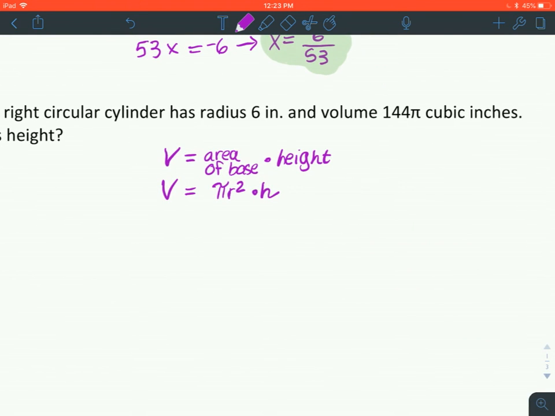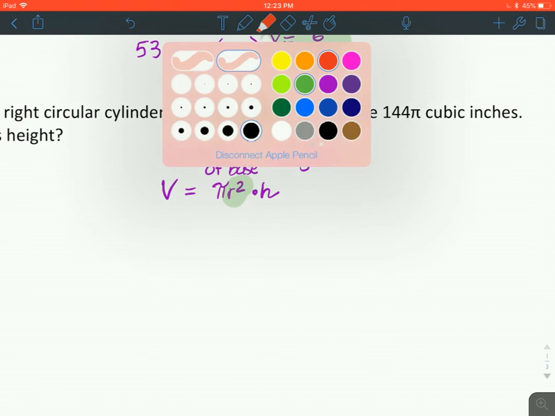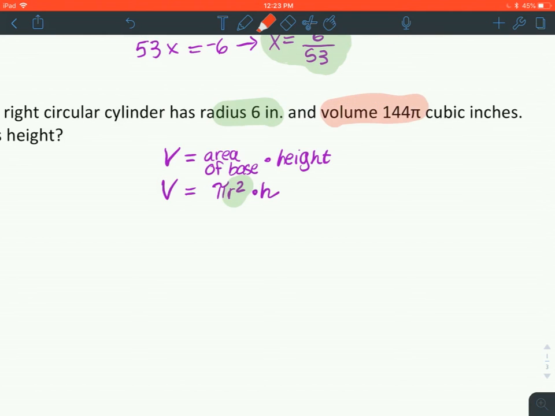Okay, things that we know. We know our radius is 6 inches, so I'm going to replace r with 6. We also know our volume's 144 pi, so let's plug those in. It's going to give you 144 pi is equal to pi times 6 squared times h.